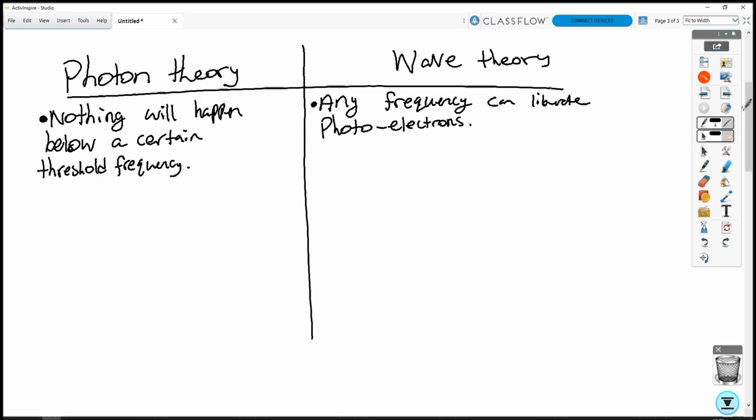So, photon theory says nothing will happen below a certain threshold frequency. Wave theory says that any frequency can liberate photoelectrons. There's a secondary point to add to that, which is that electrons are liberated instantly in the photon theory.